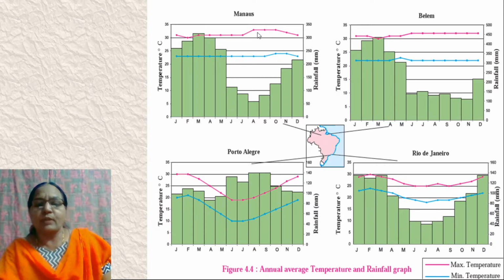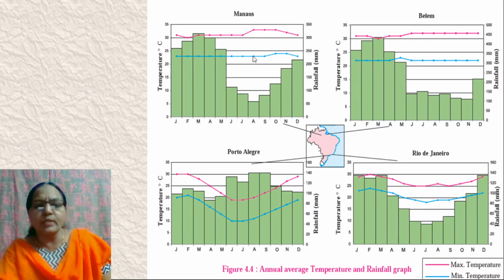Range of temperature is calculated by subtracting the minimum temperature from the maximum temperature. So maximum here I'll take as 34. Then the minimum temperature is say 24.